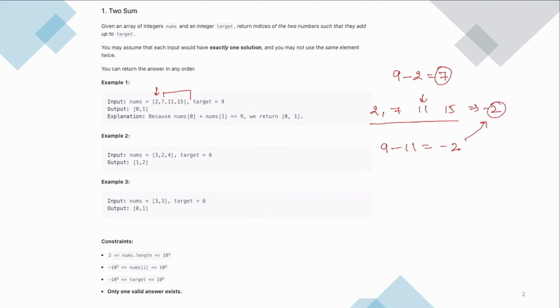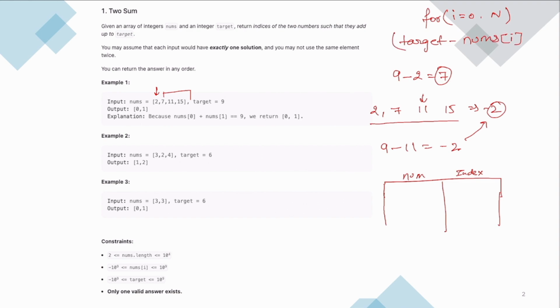So what we can do here is use a hash map. In the hash map, what we can store is the number and its index. In the first for loop, we start with i till the end, and we look in the map for the number target minus nums of i.